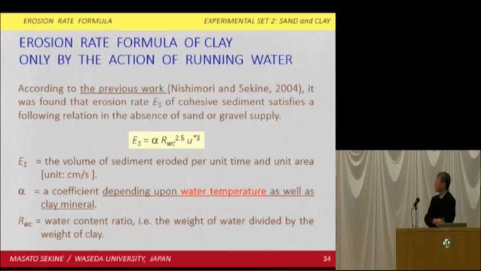According to our previous work, erosion rate ES, which means the volume of sediment eroded per unit time and unit area, can be estimated by these equations. And alpha here is a coefficient depending upon water temperature as well as clay mineral.